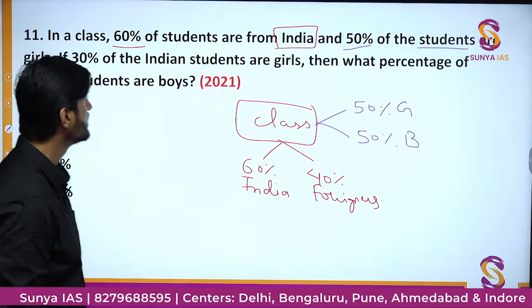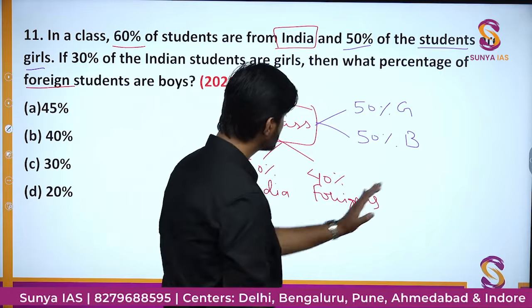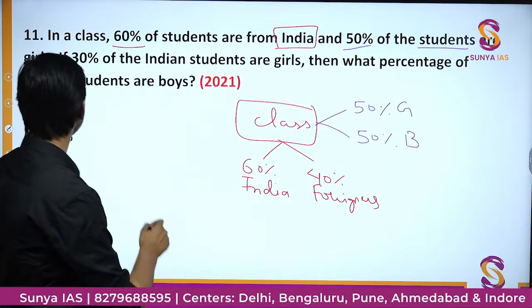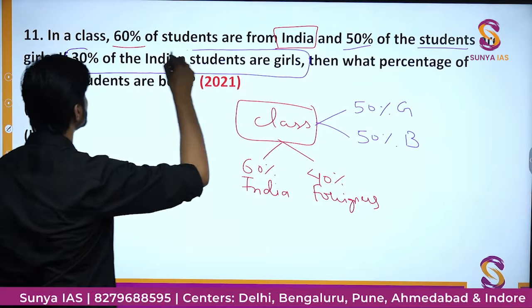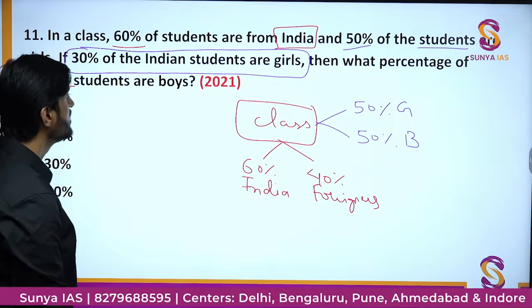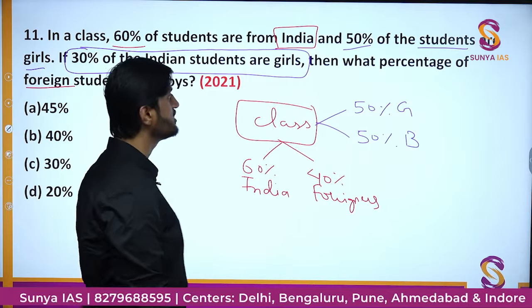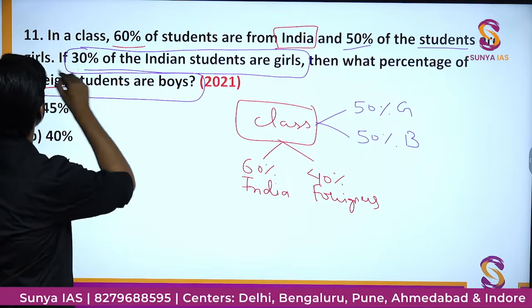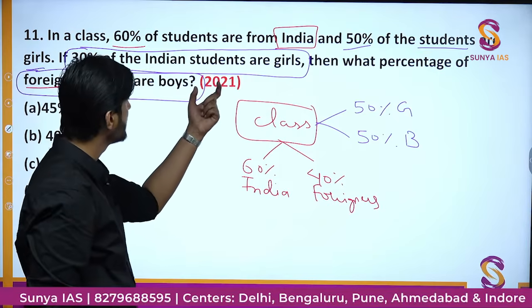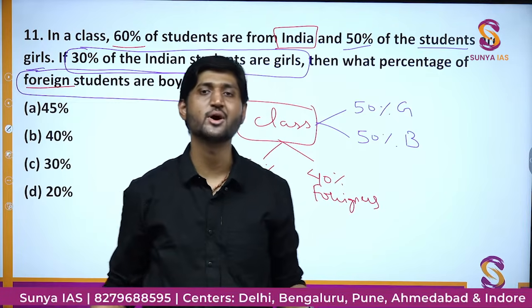This is the thing. And now after this classification, he says if 30% of the Indian students are girls, then what percentage of foreign students are boys? So he is giving you one information and it is asking from you another information.